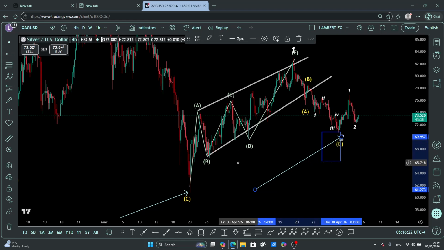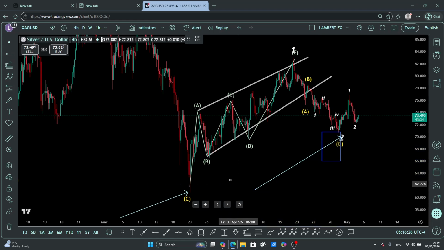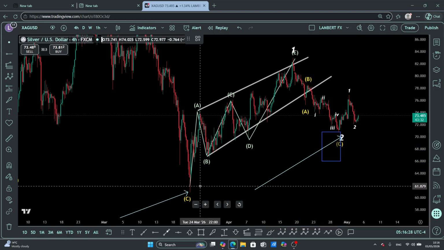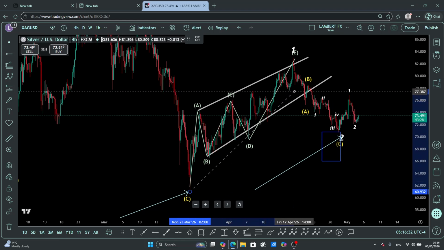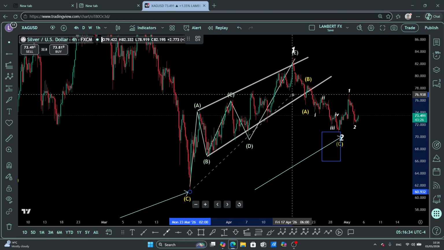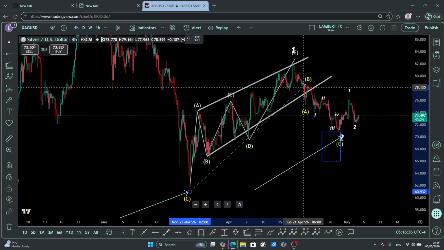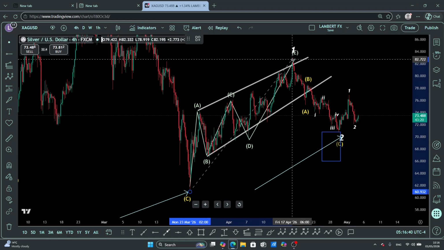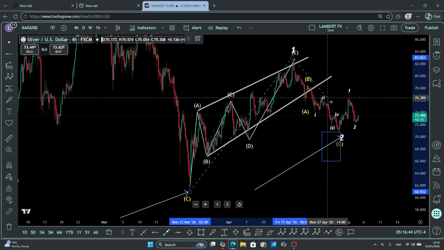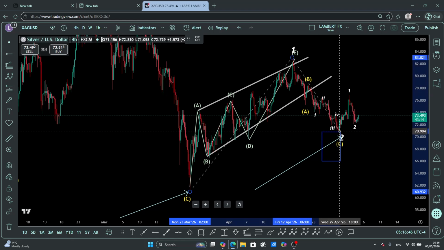For you to know where the leg three would likely be, all you need to do is take a fib extension. You measure from the origin of one, the start of one, to where the one completed, right there at that high, and then to where the two completed, this low here.